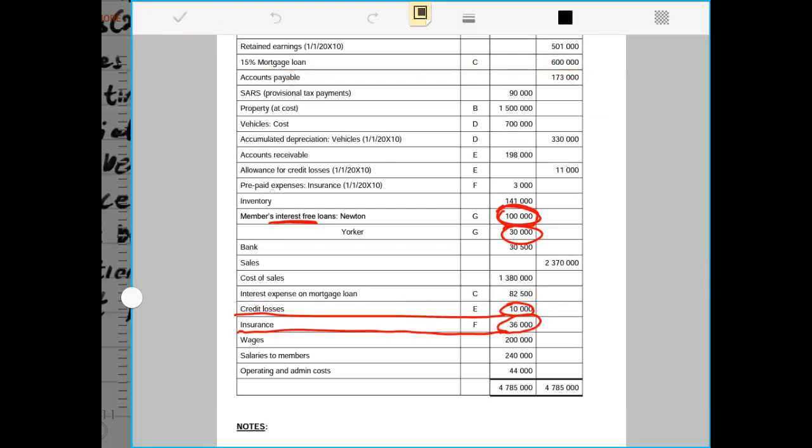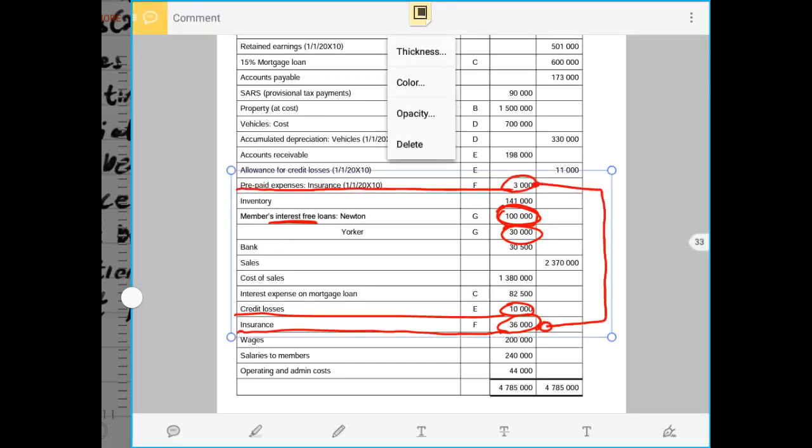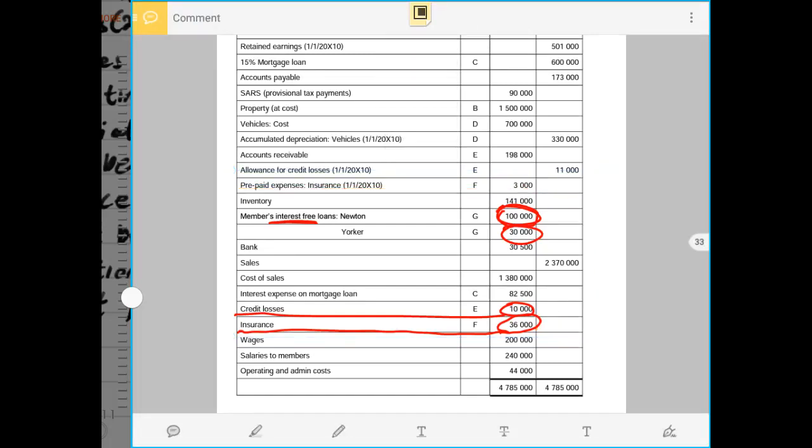And if you see, before there was a prepaid insurance of 3,000 rands, and now we have insurance that is paid amounting to 36,000 rands. So now remember, this was a prepaid expense and this is the expense that was paid in the current year. So now we'll take that and also take into cognizance the adjustment.